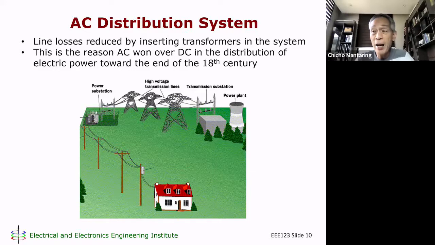But the problem at that time was most of the machinery ran on DC. And it was Tesla also that invented, I guess, the induction motor, which actually revolutionized AC machinery at that time. So eventually, AC won over DC.